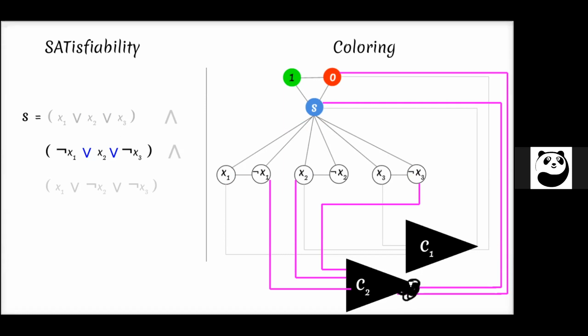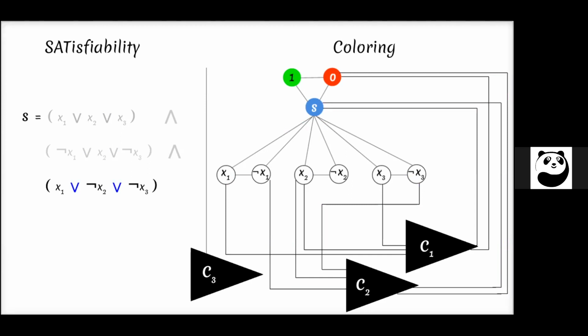You should think of this as an output node. Here, same thing. There is an output node. Output nodes have two connections to blue and red, meaning the output of each clause must be green. It has to be green in any valid coloring. It cannot be anything else.